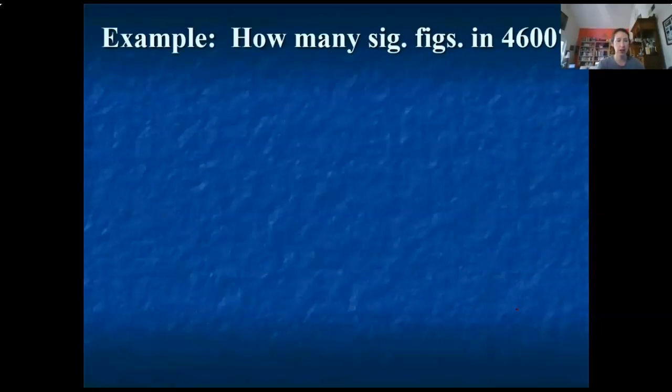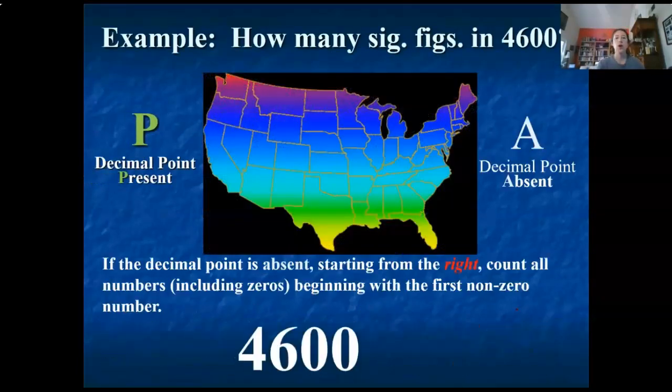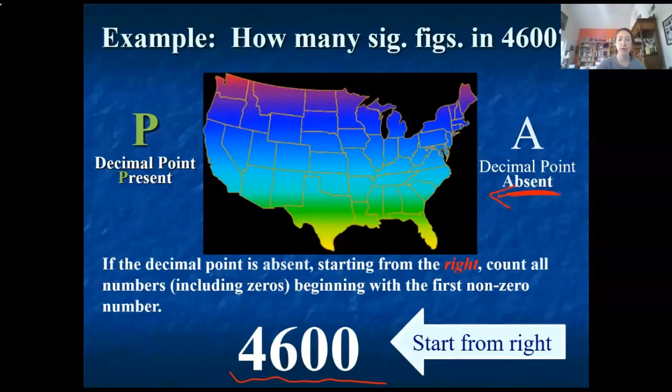Let's look at another example. It's like this number, 4,600. There is no decimal place, right? There's no decimal point, so that means our decimal point is absent. So we start from the Atlantic Ocean side, and we start counting with the first non-zero number. This is a 0, doesn't count.